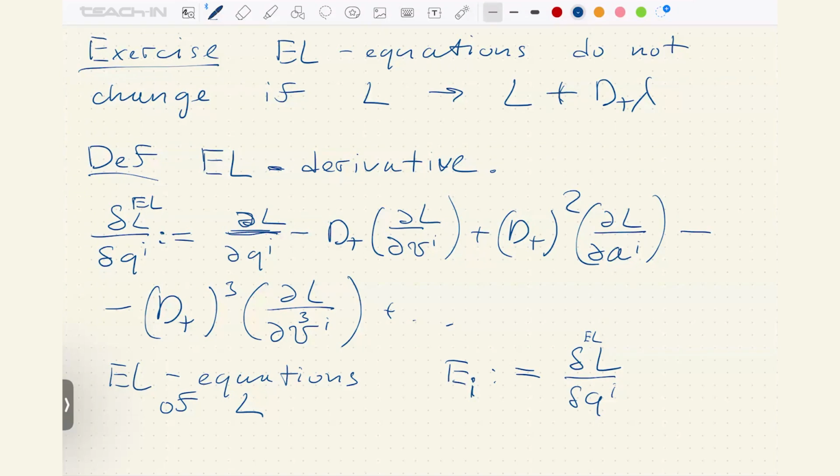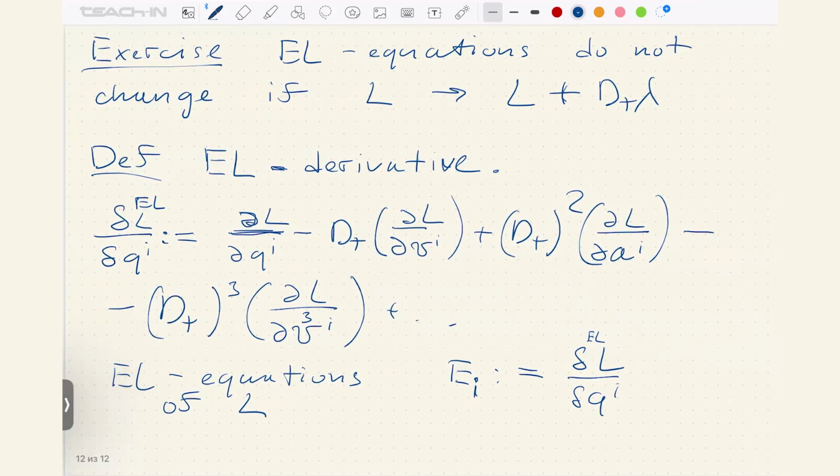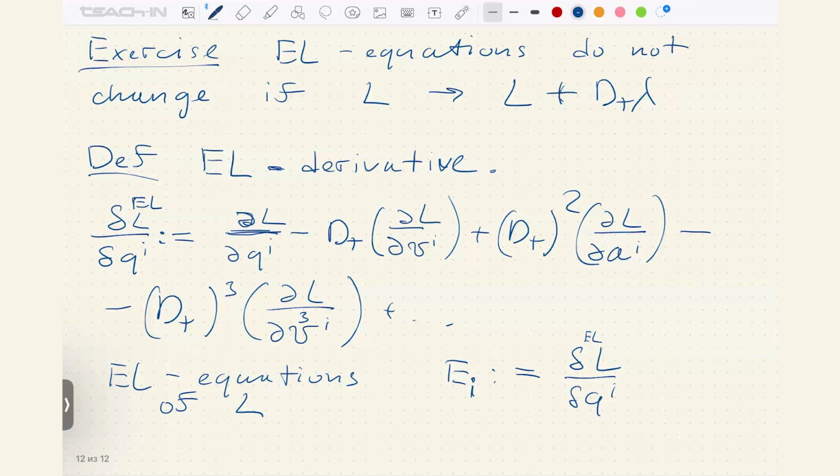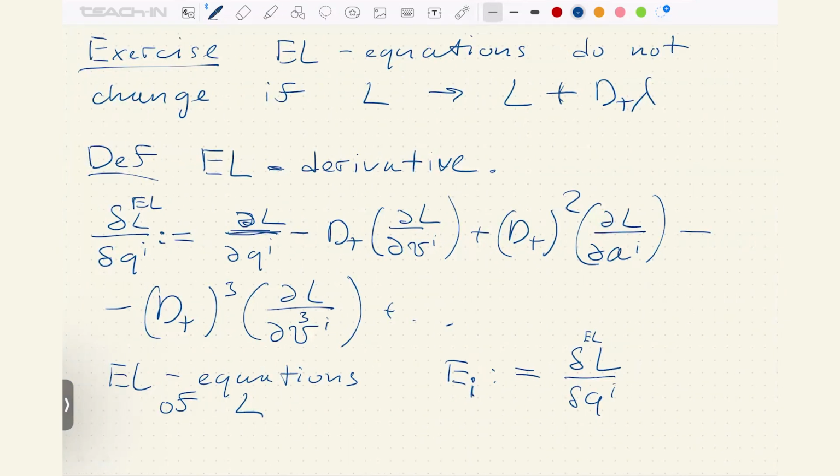So yeah, I think I said basic words about these jet bundles. Now we can use this language. By the way, here is one important, well, a good exercise, not so easy though.